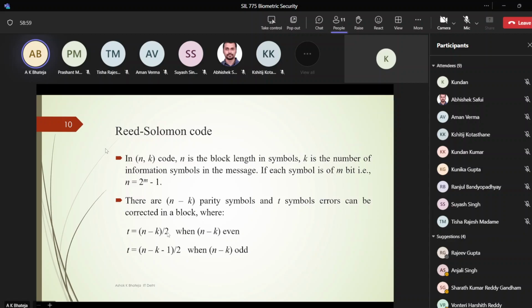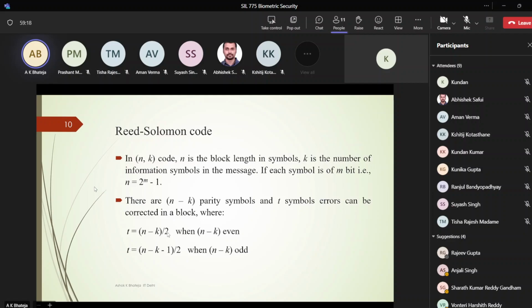This Reed-Solomon code scheme can correct up to (n minus k) by 2 symbols. The number of bits corrupted may be any, but only up to (n minus k) by 2 symbols can be corrected.